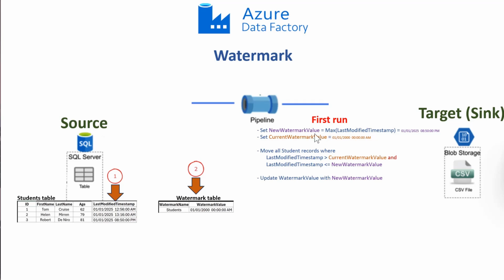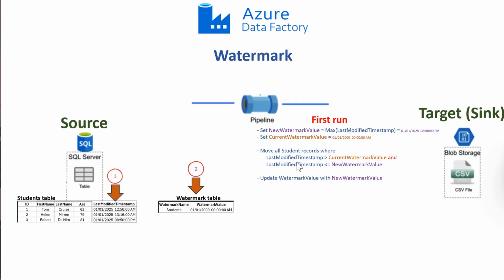And the new watermark value is always the maximum value of the last modified timestamp column. In this case, it's 1st of Jan 8:50 p.m. That I put here. So we calculate these two values first.